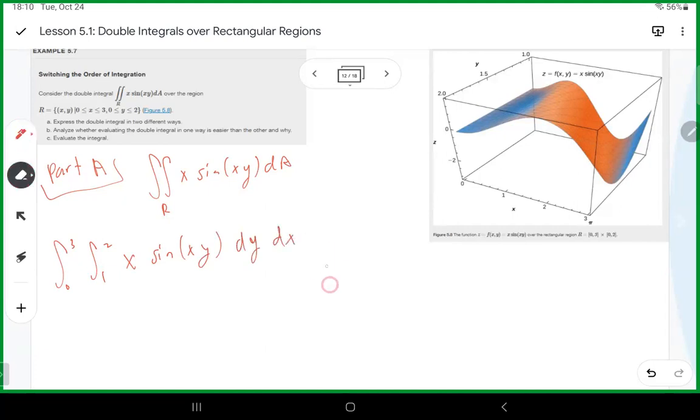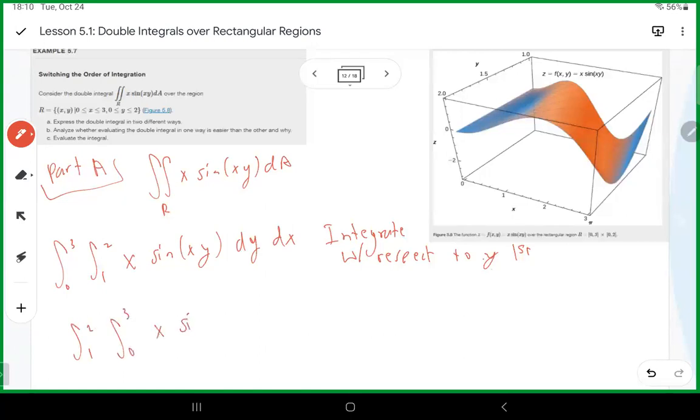And if you wanted to, you could write down integrate, and then the other option would be to flip them. And you would just say integrate with respect to x first. Okay.